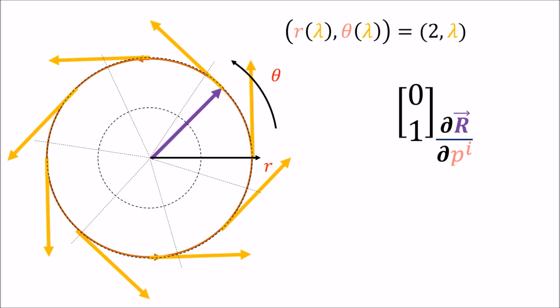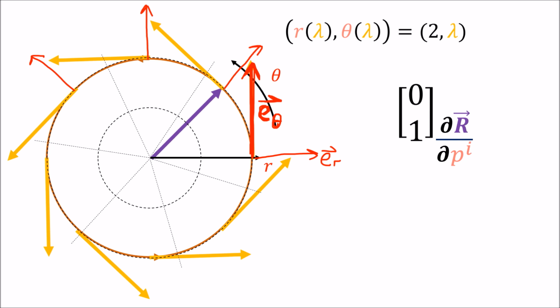So do these components make sense? Well, the components are always 0 and 1 everywhere. So the basis vector for little r always points outward from the origin, and the basis vector for theta is always at a right angle to that r vector, and the length of the theta vector is equal to its distance from the origin.